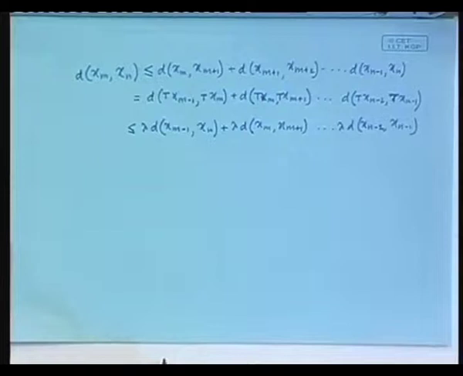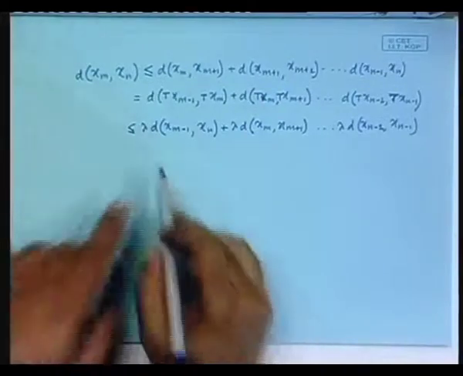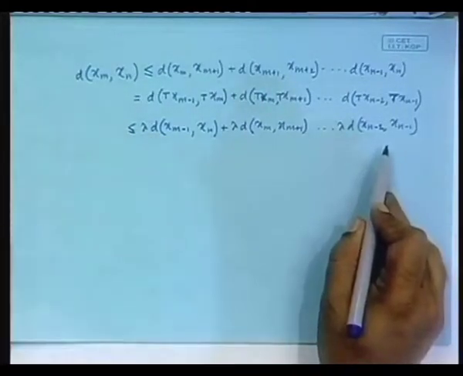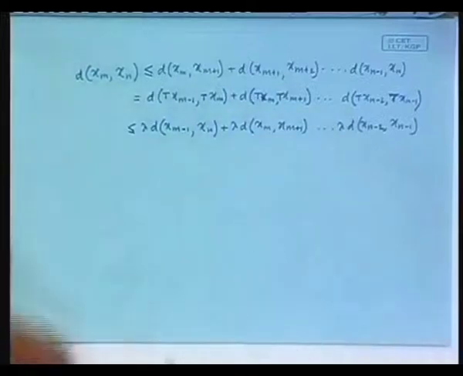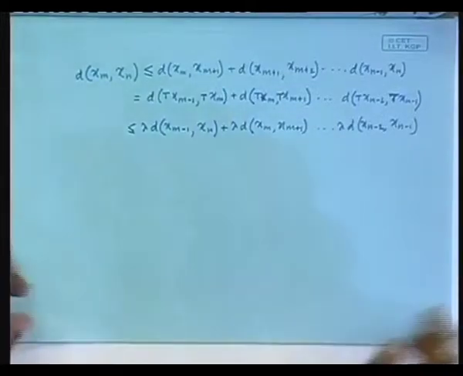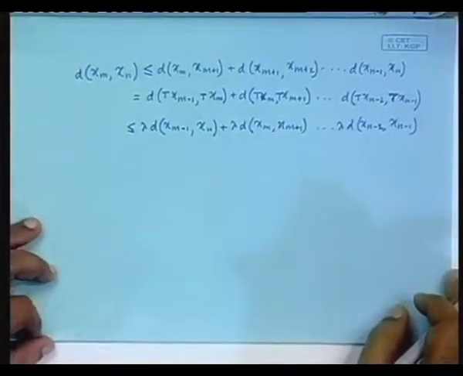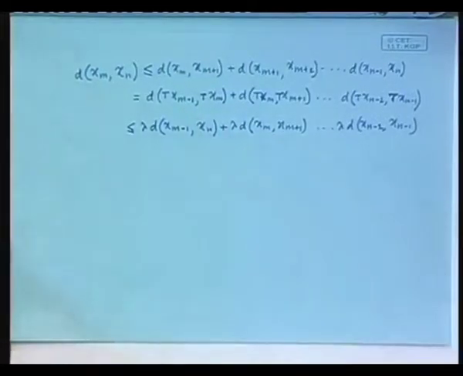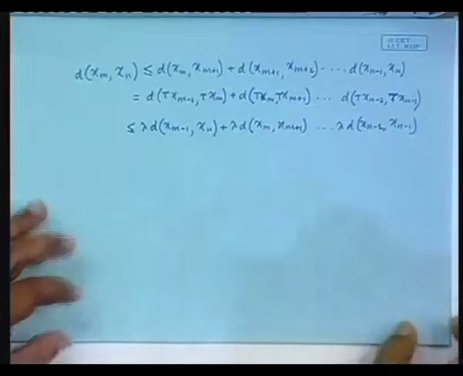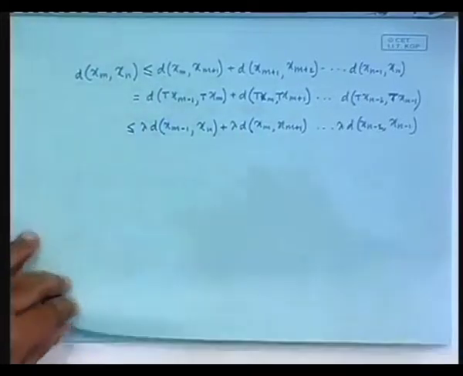You can write that way. This is because of the contractivity factor, lambda. Good. Now, notice, I will come back to this one a little later. Let me write somewhere else.